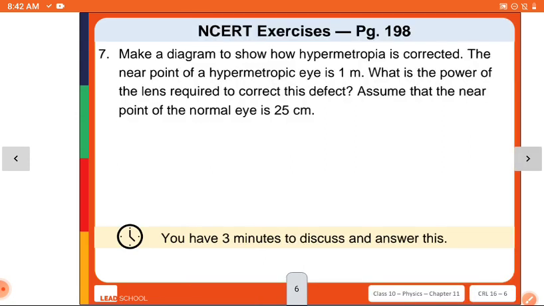On your page number 198, make a diagram showing the correction of hypermetropia. The near point of a hypermetropic eye is 1 meter. What is the power of the lens required to correct this defect? Assume the near point of a normal eye is 25 centimeter.